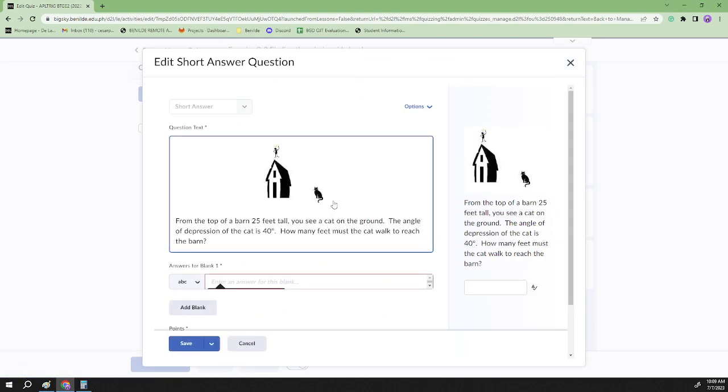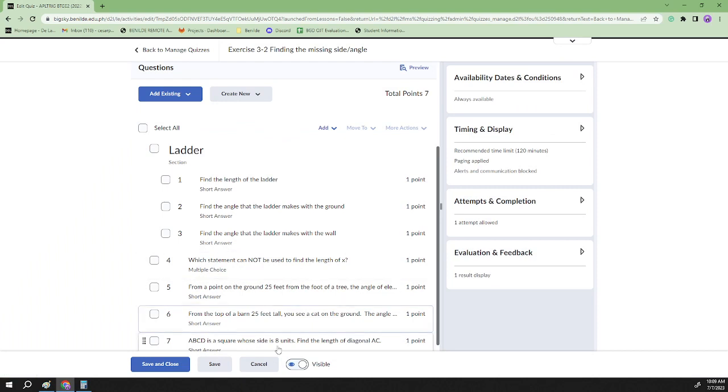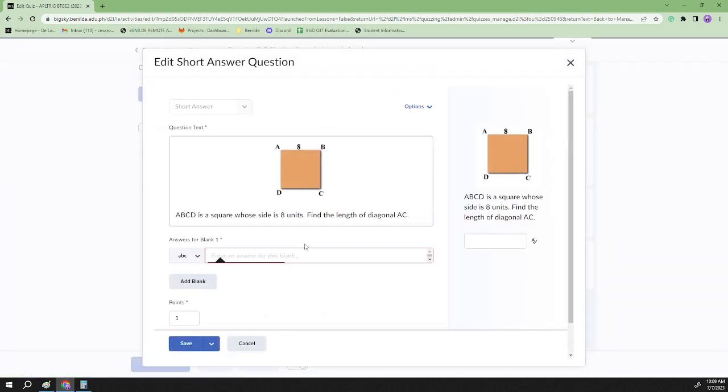Ito naman, you are on top of the barn that is 25 feet and you see the cat. The angle of depression of the cat is 40 degrees. So, how many feet must the cat walk to reach the barn? Finally, given a square whose side is 8 units, find the length of diagonal AC.